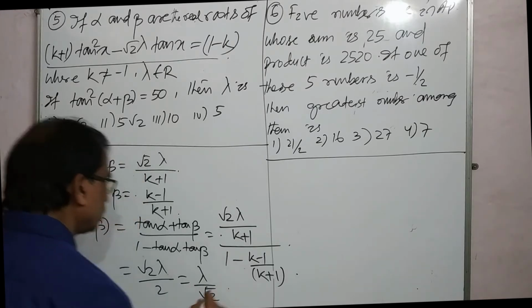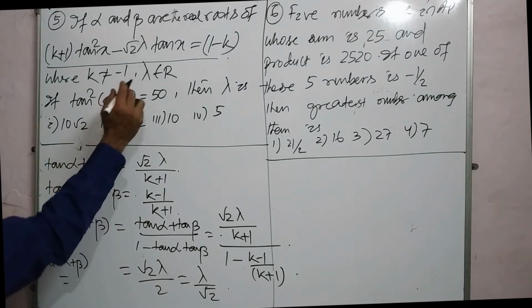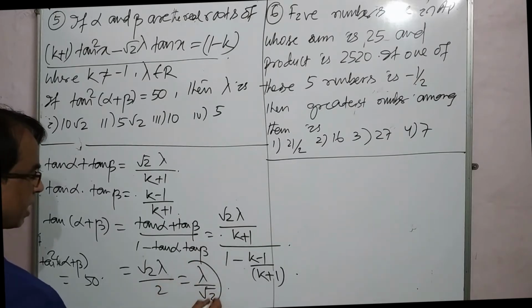But it is given that tan square of alpha plus beta is equal to 50. We have found tan of alpha plus beta as lambda by root 2.